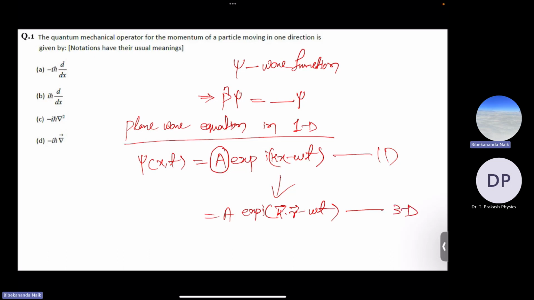So we will now consider the wave equation in one dimension, which is A exponential i kx minus omega t. And you know this k is in which space? This part corresponds to position, and this part corresponds to time.